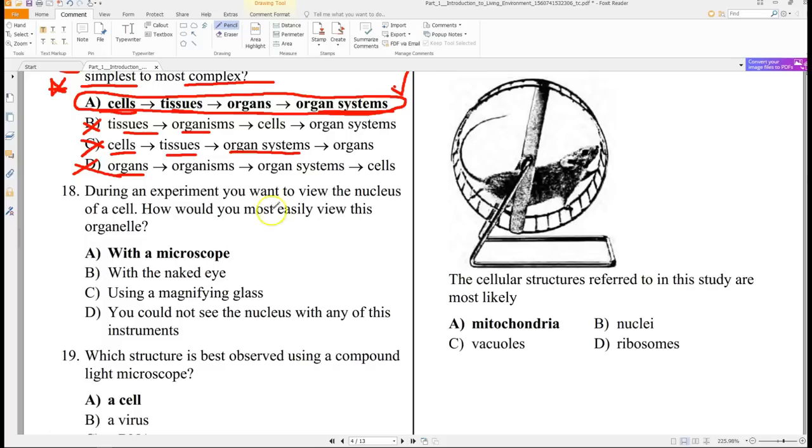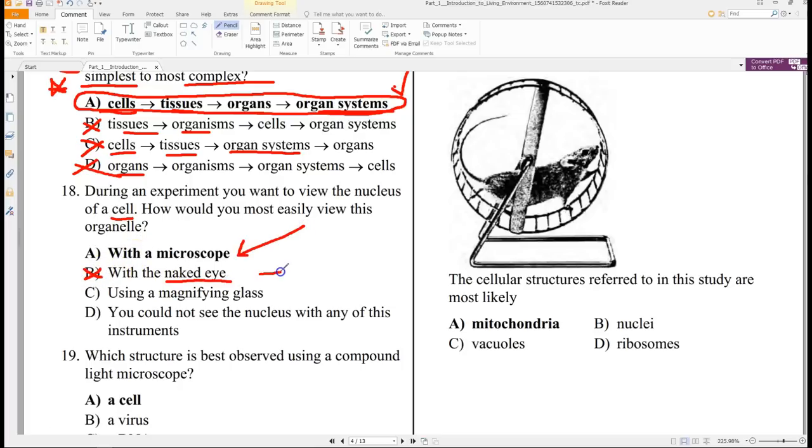During an experiment, you want to view the nucleus of a cell. How would you most easily view this organelle? Now, the way that you would see a cell is with a microscope. You cannot see a cell with the naked eye.